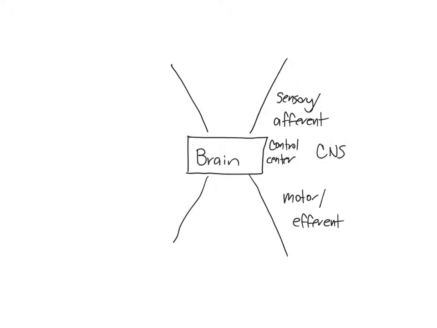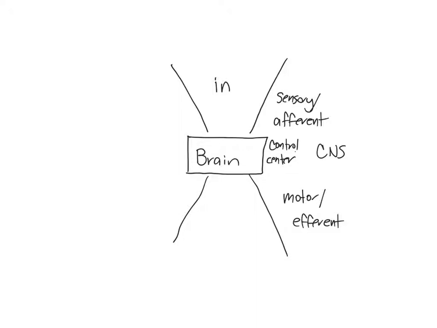So imagine that I put my hand on the hot stove, and once I realized that it was on the stove, I pulled my hand away. So I have receptors and sensory neurons that would bring that information in and take that information to my brain, the control center. In my control center, the decision would be made that I need to coordinate my skeletal muscle in order to move my arm to get my hand off of the stove.